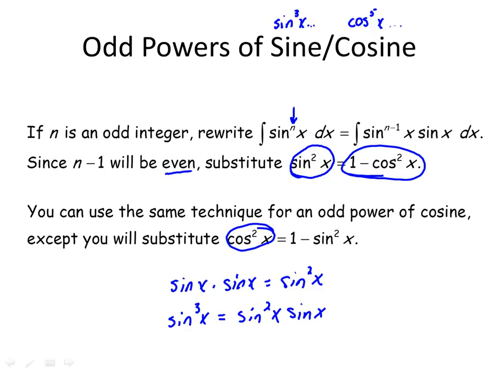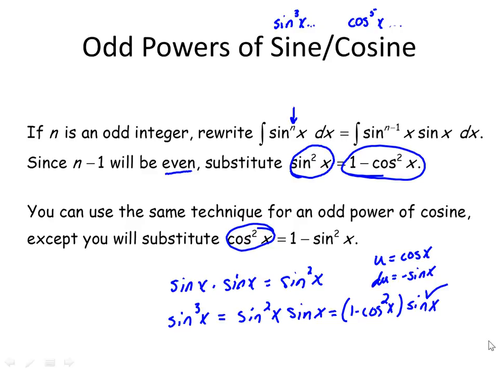Negative sine. Watch right here. I'm going to substitute sine squared x with 1 minus cosine squared x, and I still have that sine x in place, right? So if I let u be cosine x, du is negative sine x.